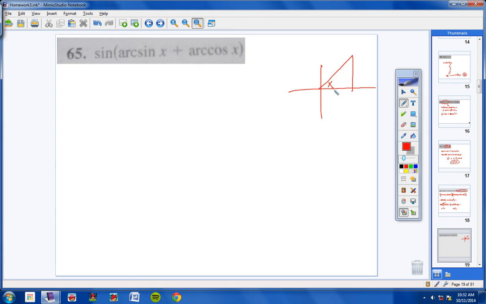And I would have the sine of an angle equals x over 1. So let's call it theta. So this is the same thing as saying sine of theta equals x. Okay, you're looking for an angle. So sine of theta would be x over 1.